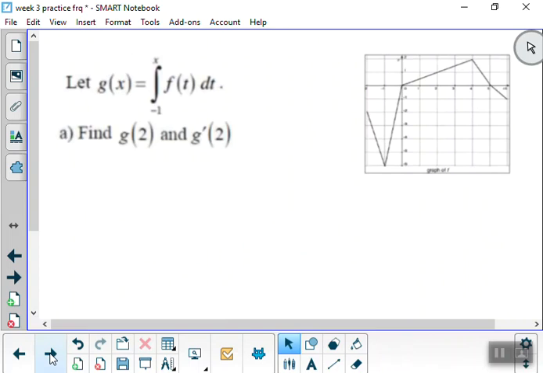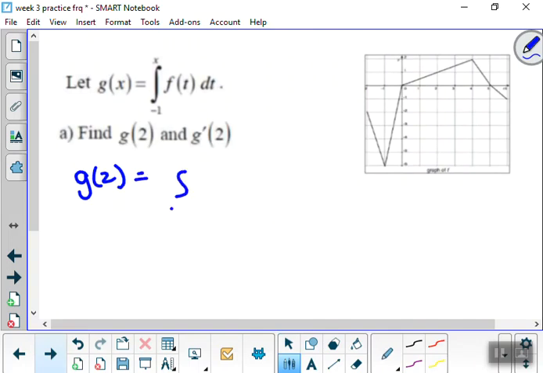All right, so g of 2 would be the integral from -1 to 2 of f of t dt. Okay, given f is a graph, that's going to be the area from -1 to 2.